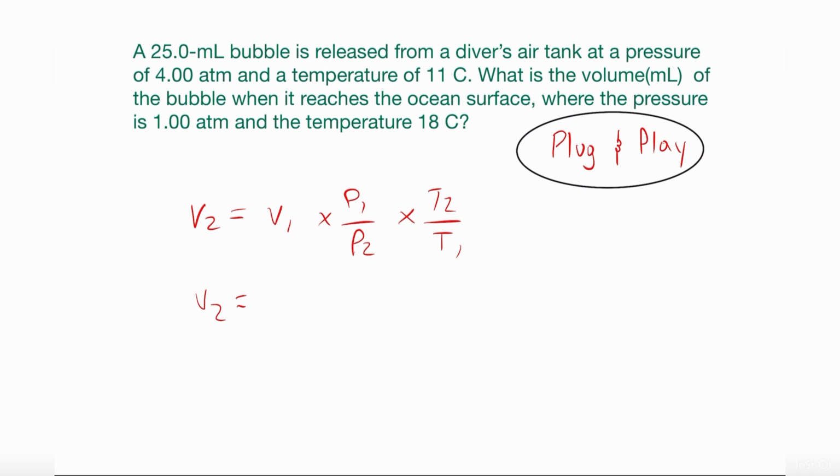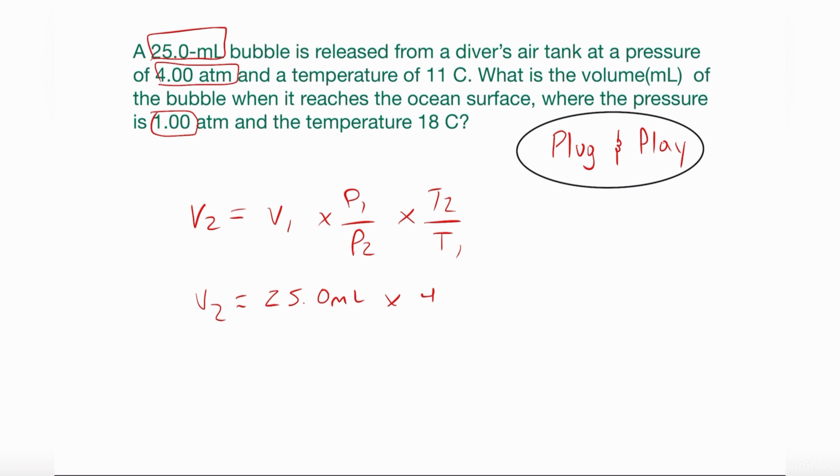So V1 will be the 25 ml, because that's the first volume given, times P1 over P2. P1 is the first pressure given, which is 4, and the second pressure is 1.